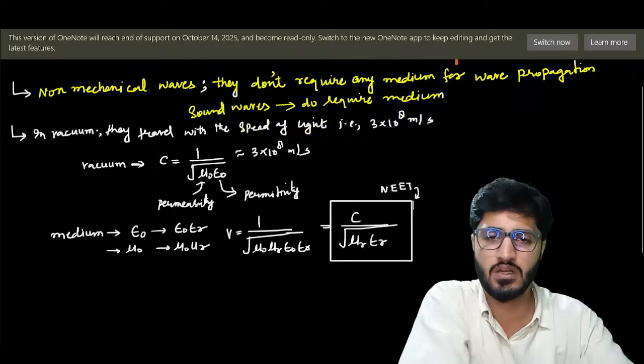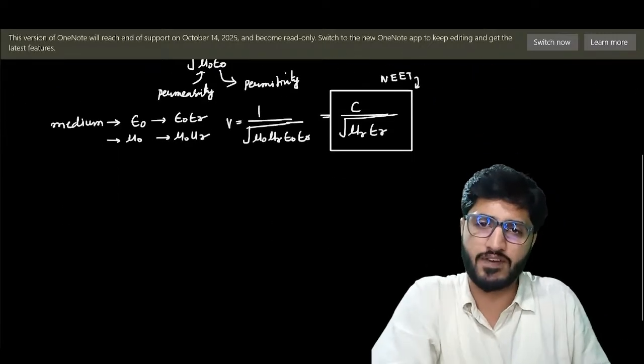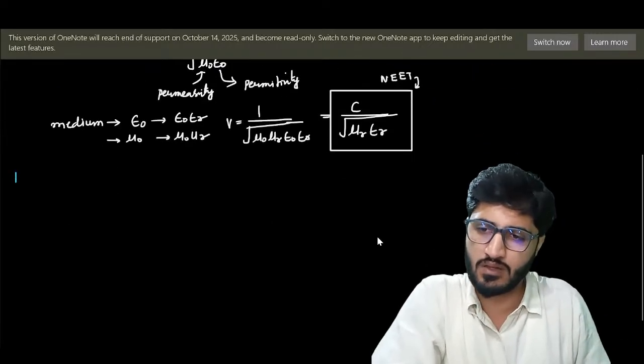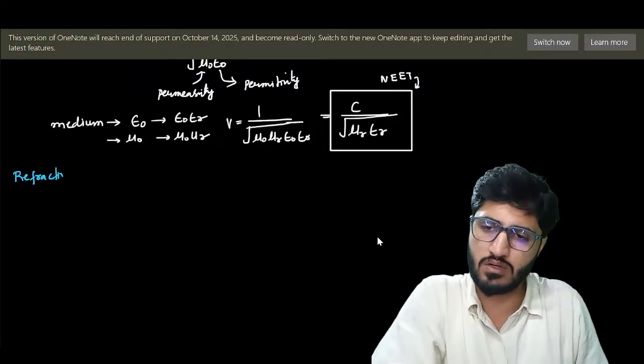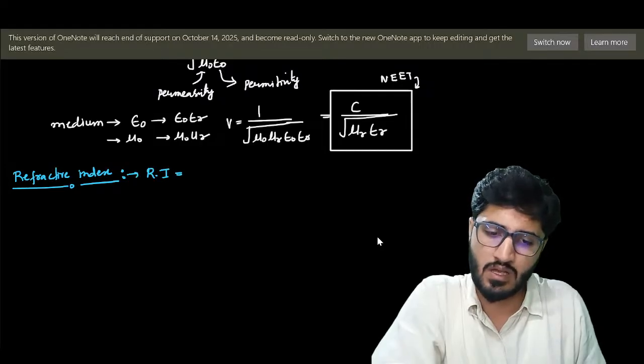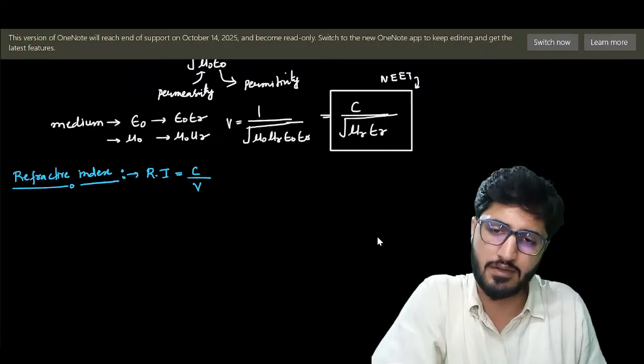Now, if we talk about the refractive index, the refractive index is the speed of light in vacuum divided by the speed of light in medium.